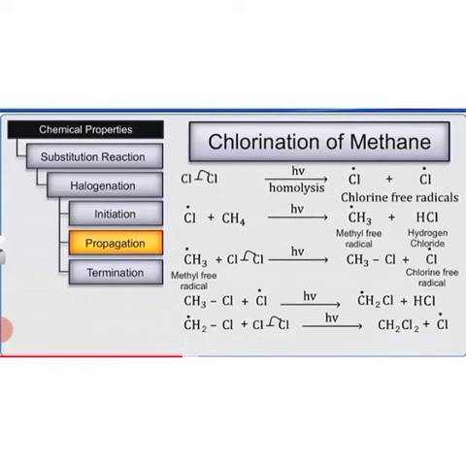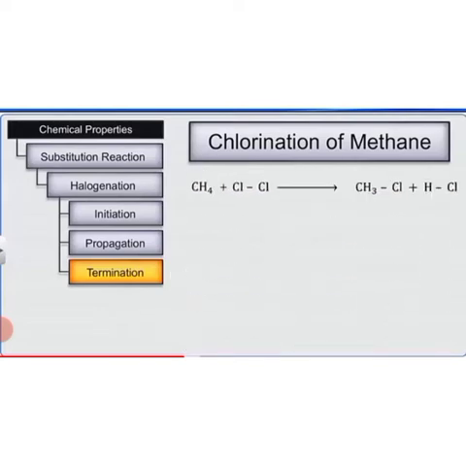During termination, the reaction stops either because all the reactants have been consumed or because of the following possible chain terminating reactions. One possible reaction is that 2 chlorine-free radicals combine to form a chlorine molecule.